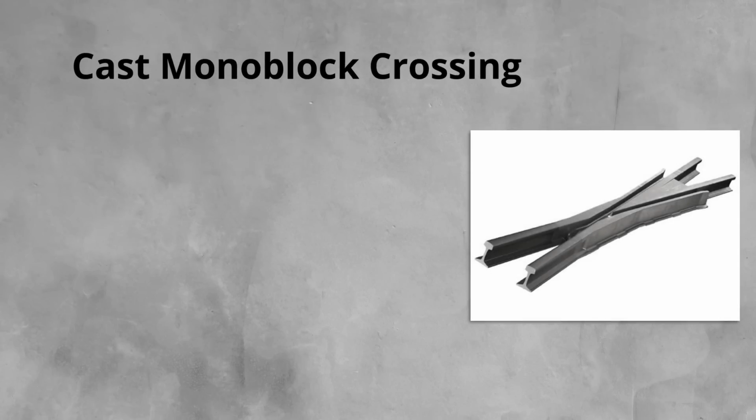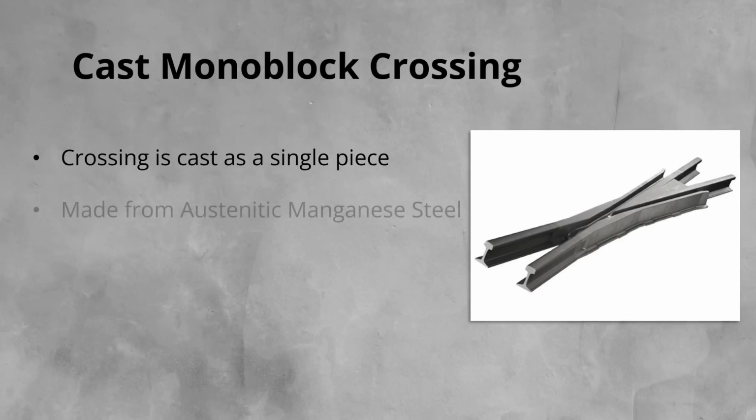Lastly, we have the cast crossing, also known as a monoblock crossing. In this type of construction, the crossing is cast as a single item, hence the term monoblock. Monoblock crossings are cast from a steel alloy, austenitic manganese steel, or AMS for short. AMS has good anti-wear properties, high tensile and impact strength compared to the normal grade steel used for standard rails.